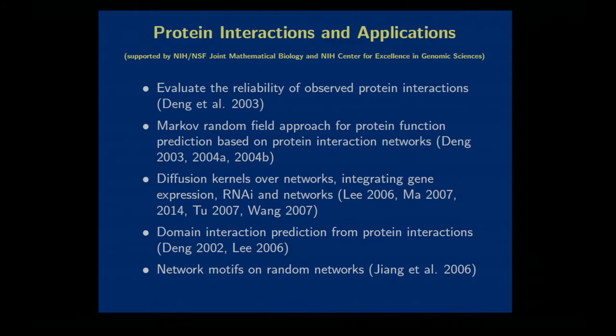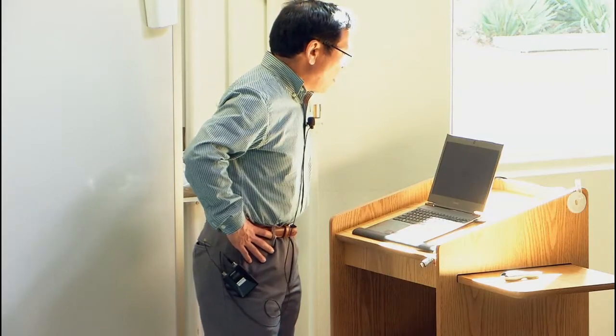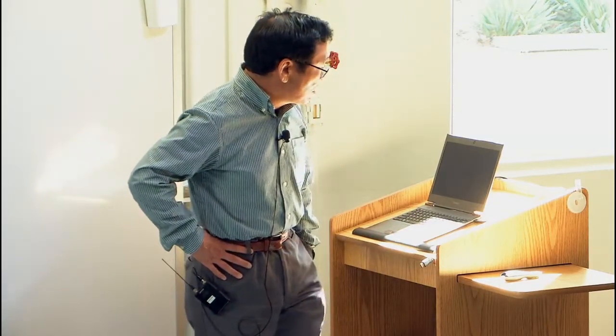We also integrate many different kinds of information, such as domain information, sequence information, gene expression data, and so on, to get a general Markov random field model for predicting protein functions. As far as I know, it's the first so-called message propagation approach to predict protein functions.